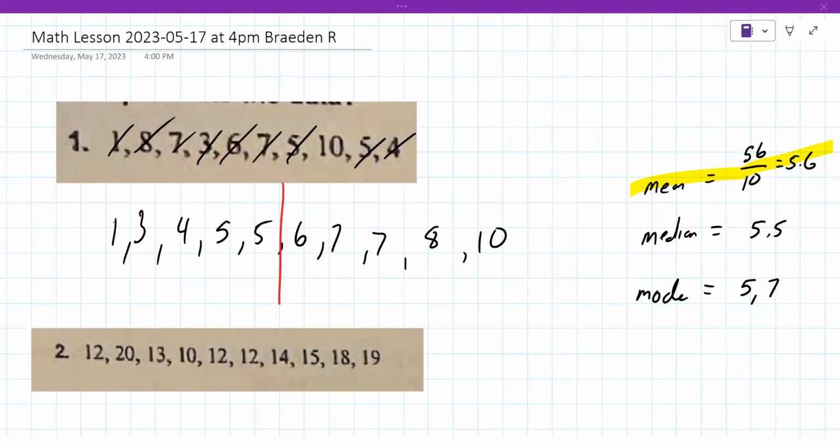For the mode, I got 12. And for the mean, I got 13.8 repeating. Okay, we got some different numbers in there. Let me just make sure I've done this correctly because I'm prone to making mistakes. 12, 12. Okay, yeah. So let me put the data in order now.